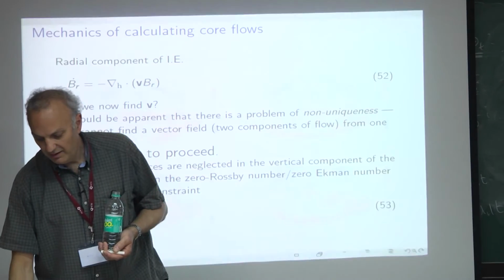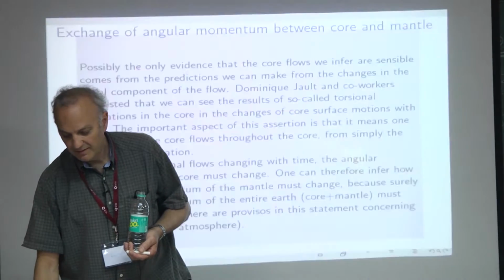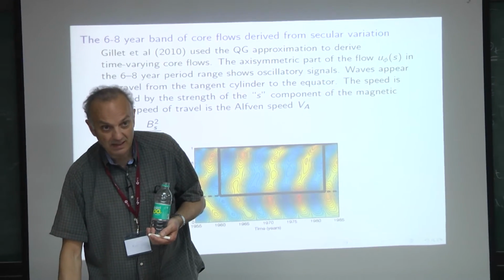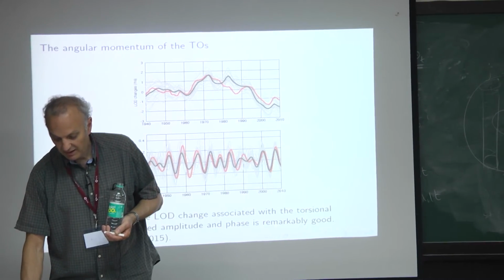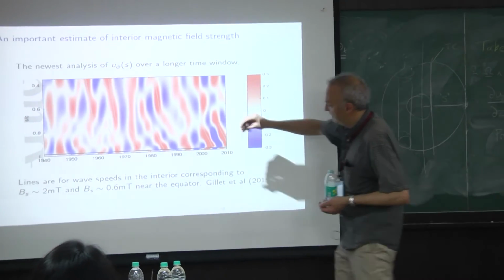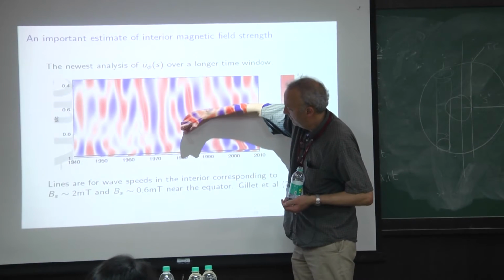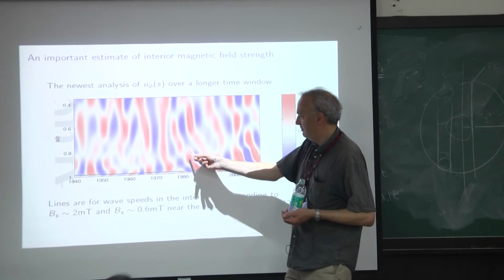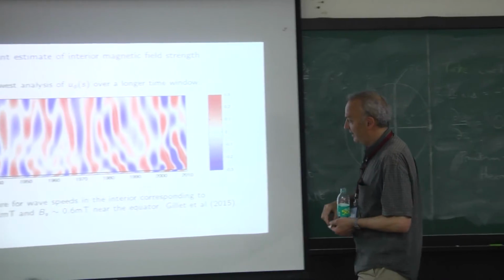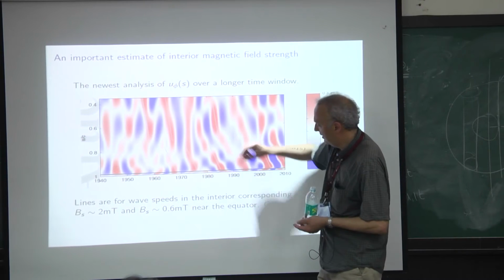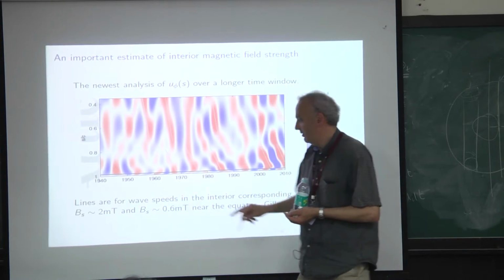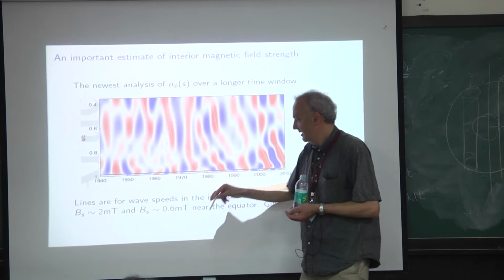So we know that the field is of the order of 0.3 milliteslas, as you quite rightly say, at the core surface, and Gillet's work says that these waves are compatible with traveling the last 10 to 20% of the distance through the core with a speed of about 0.6 milliteslas.